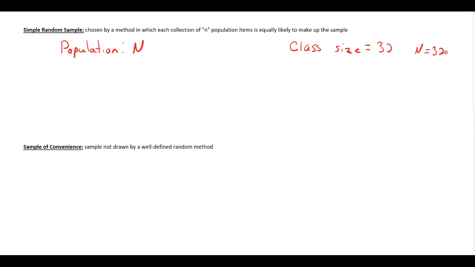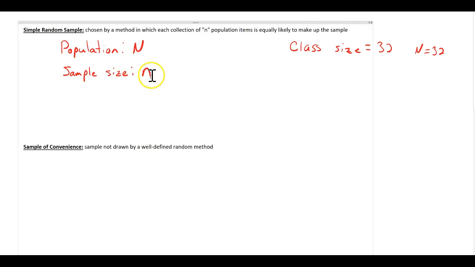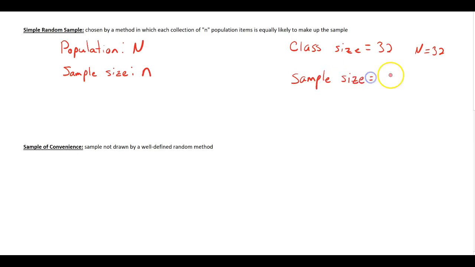Well, if I take those 32 students' names, write them on a piece of paper, and put them in a hat, I'm going to get a sample, and we're going to talk about a sample size, of lowercase n. The lowercase n just indicates that it comes from a sample. And so we'll say that the sample size for this example is going to be 13.